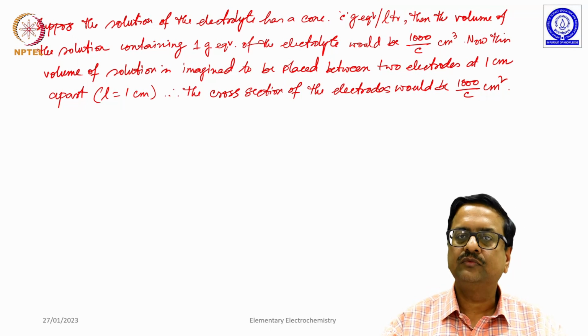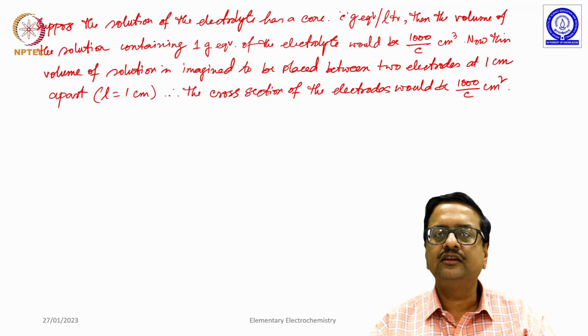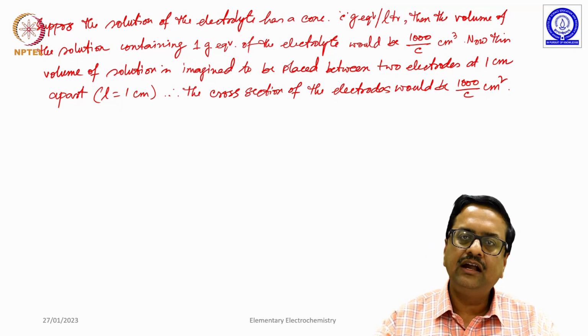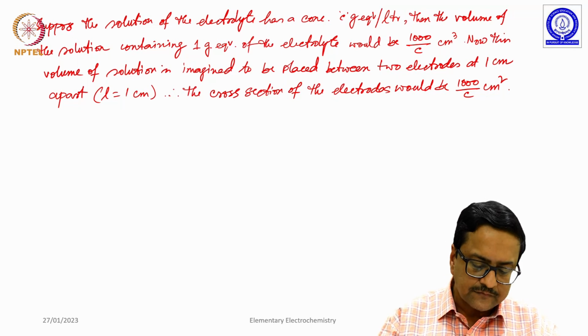The cross section has to be this, then only 1000 by C cubic centimeter of volume can be held within 1 centimeter of the two electrodes.